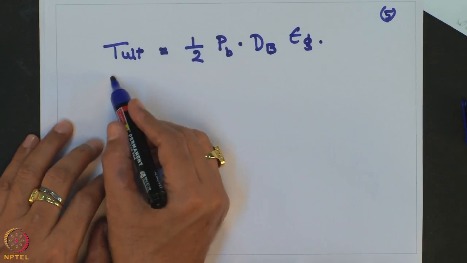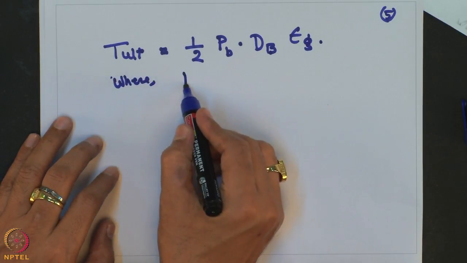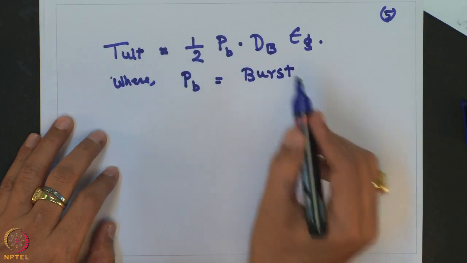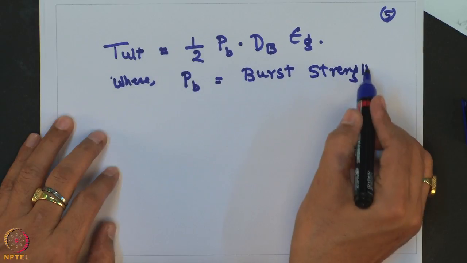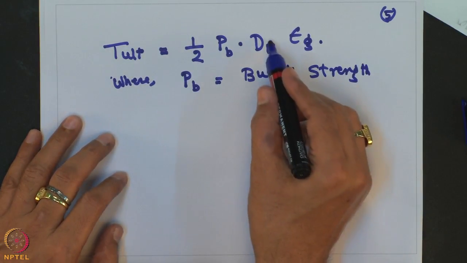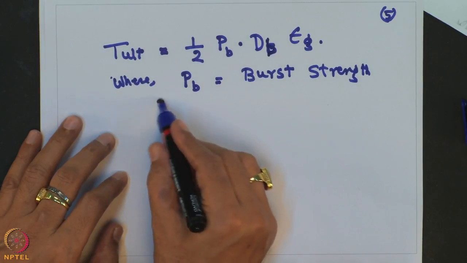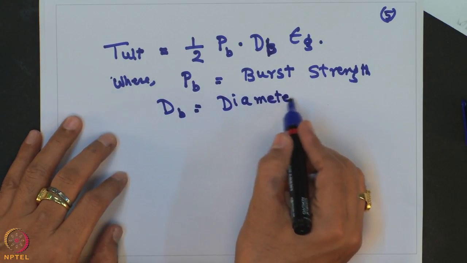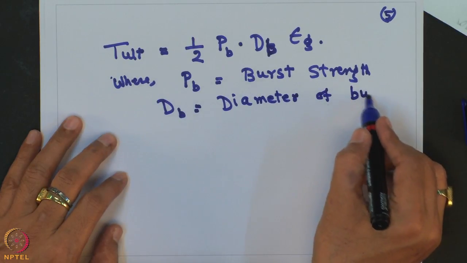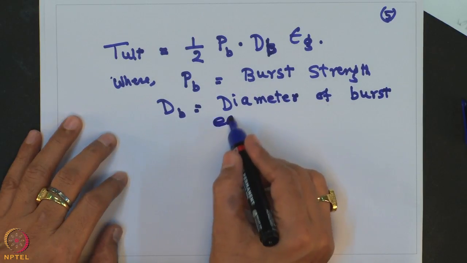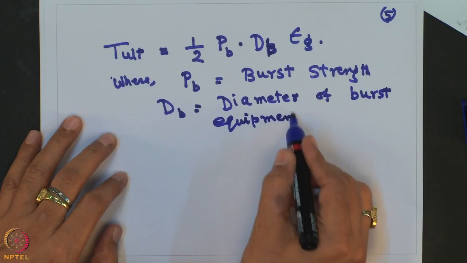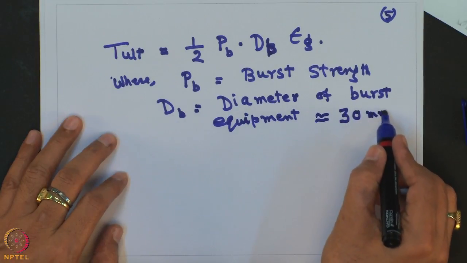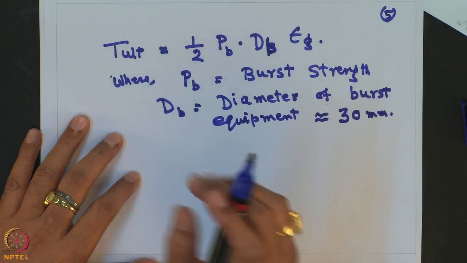Where P_B is the burst strength, and D_B is the diameter of the burst equipment, which is approximately 30 millimeter, which I showed you for the burst strength we have developed.